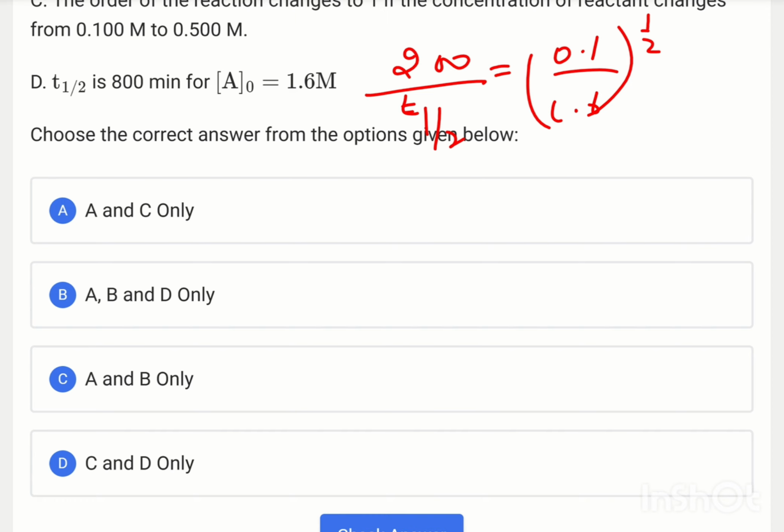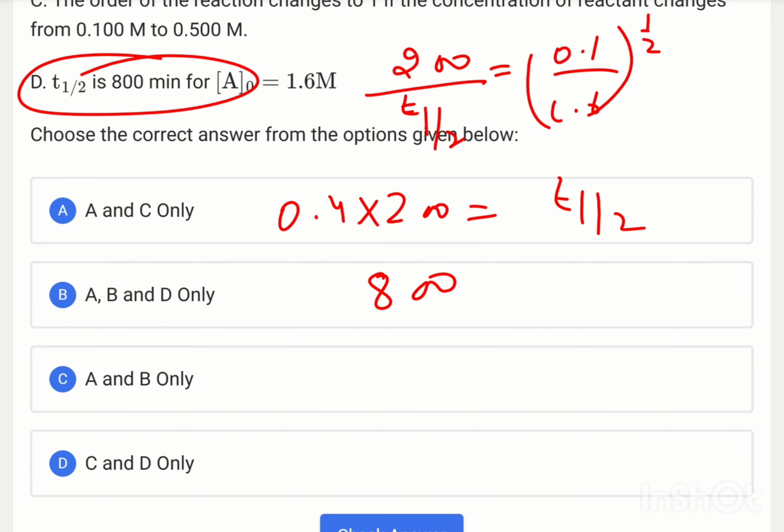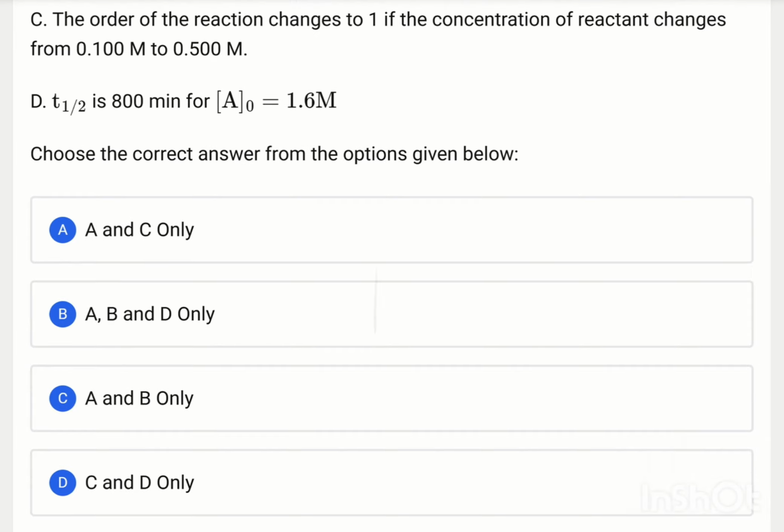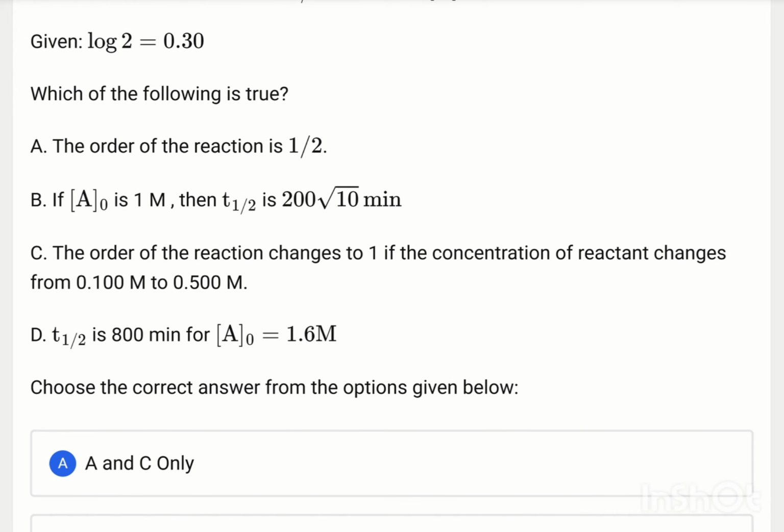So it will be 200 is equal to T half into 0.4. So it will become 800. T half is 800. We got 800, yes, we got 800. That means A is true and D is true.